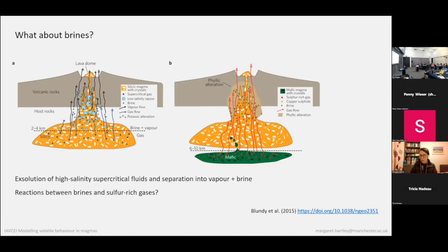We also don't know much, I don't know much about the reactions between brines and sulfur-rich gases. So this seems to be an area of observational research that is only going to get bigger as we become more interested in these kinds of systems that can complex with critical metals. And that is an area where our codes might want to catch up.